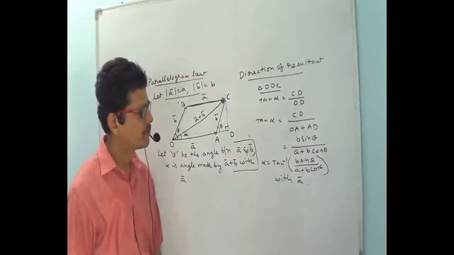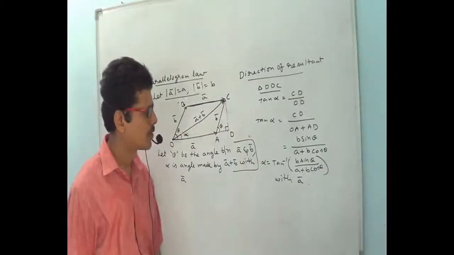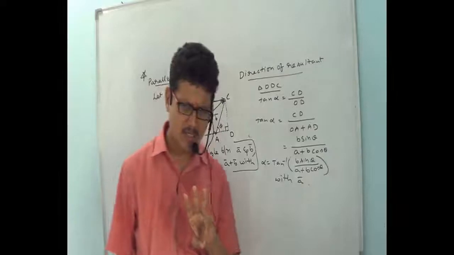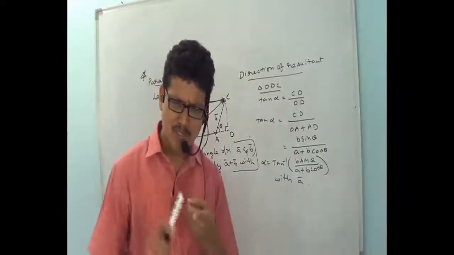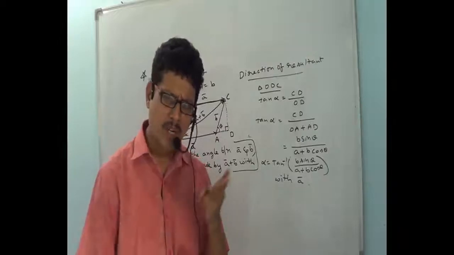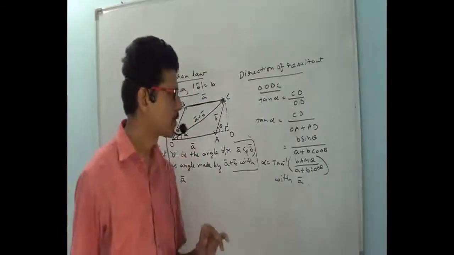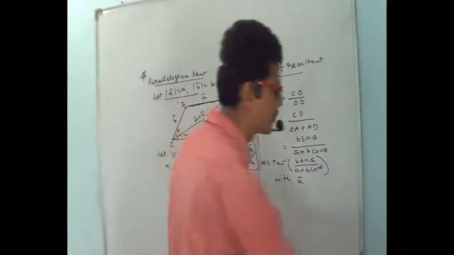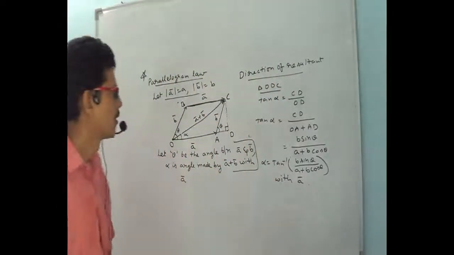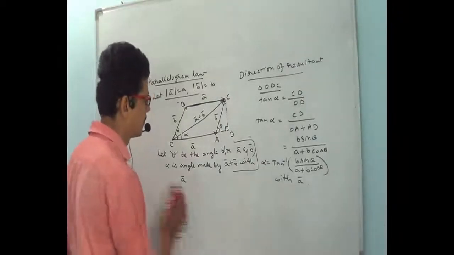We will go for subtraction also and then we will go for problems. These three are the laws in vector addition: the triangle law, polygon law, and parallelogram law. Three laws. Fine, we'll go for subtraction of vectors.